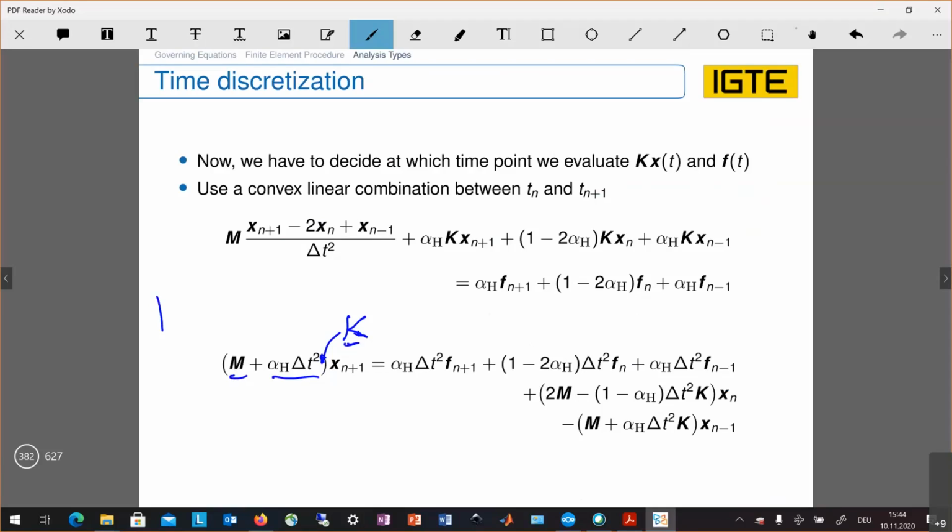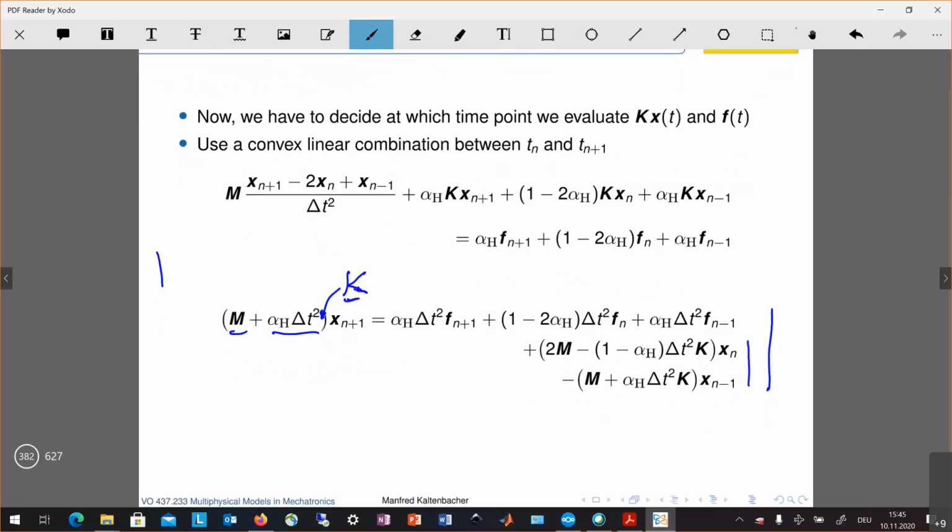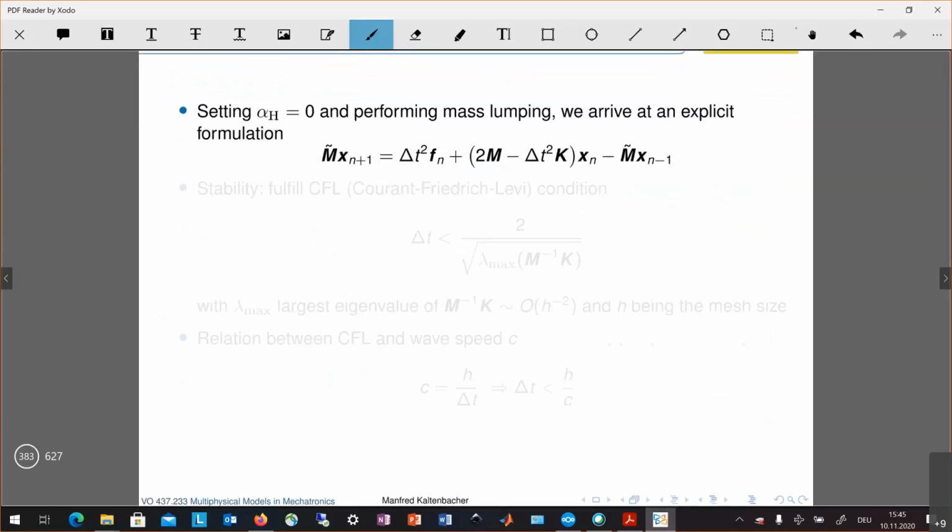All the other terms we have put on the right-hand side because clearly we assume that we know our force vector at all the time steps of our computation, and the other terms in this line and this line we also know, because we already know the mechanical displacements at all the nodes for time step tn as well as time step tn minus 1.